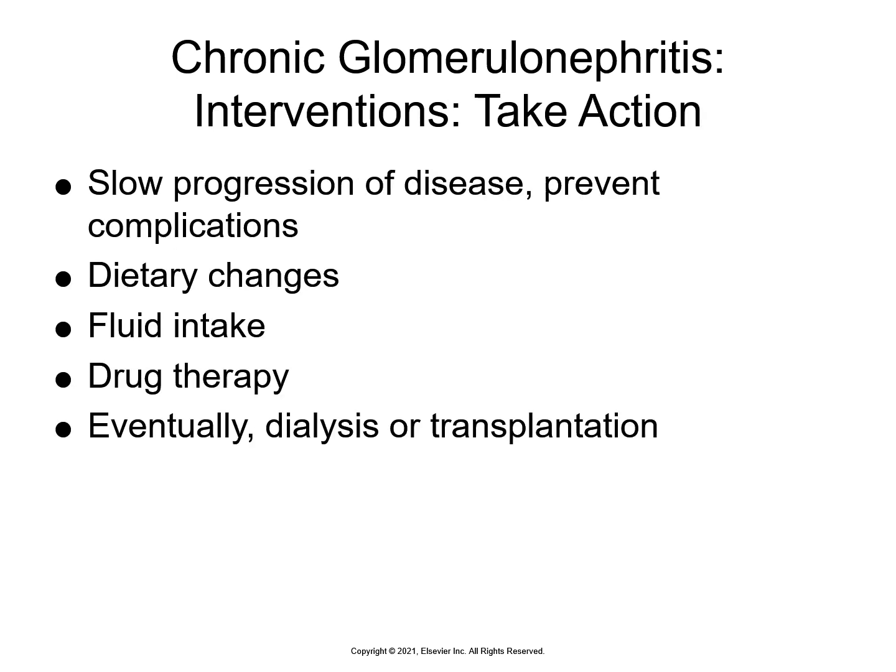So what do we do? What actions do we take? What are our interventions? The biggest thing here is to slow progression of disease and to prevent complications. So that may include some dietary changes, protein changes.